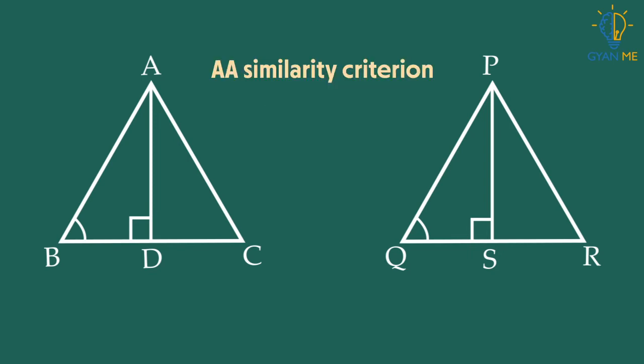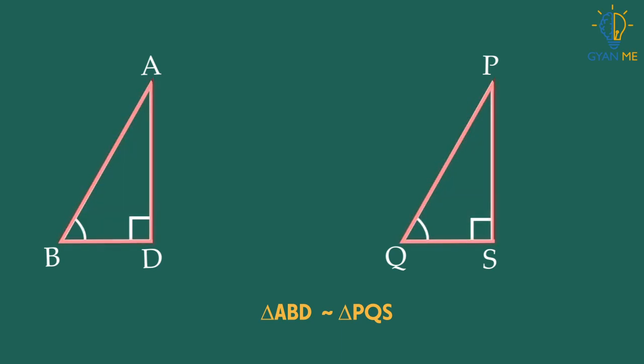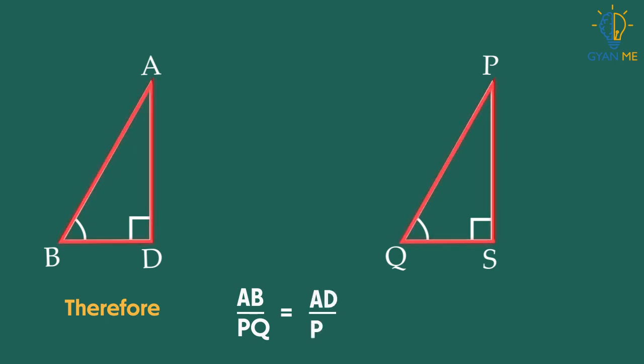Therefore, according to the AA similarity criterion, both these triangles ABD and PQS are similar. And if triangles ABD and PQS are similar, then the ratio of their corresponding sides will also be proportional. Therefore, AB upon PQ is equal to AD upon PS.